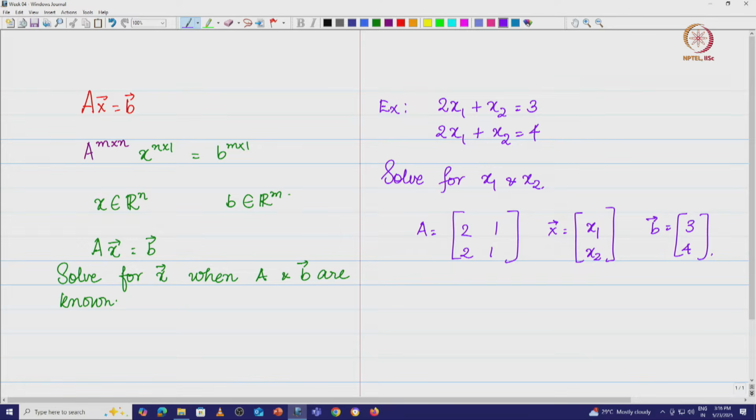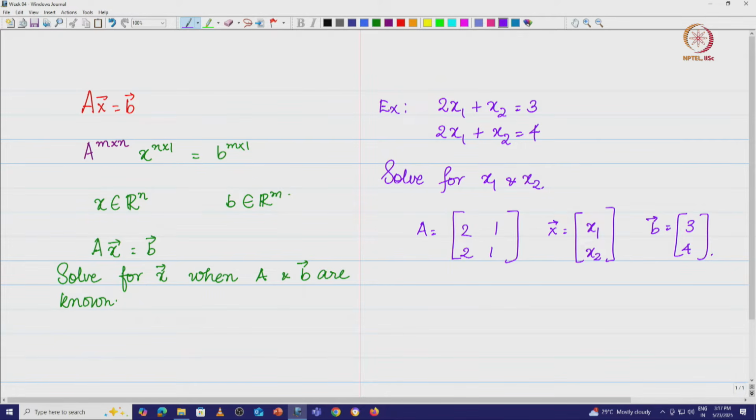Now what do we find here? We find that whatever value of x1 and x2 that you substitute here, we are not going to get that right hand side 3 and that right hand side 4 simultaneously.